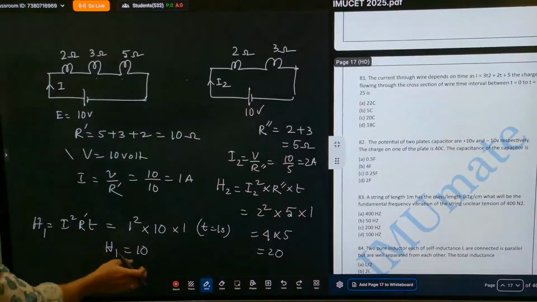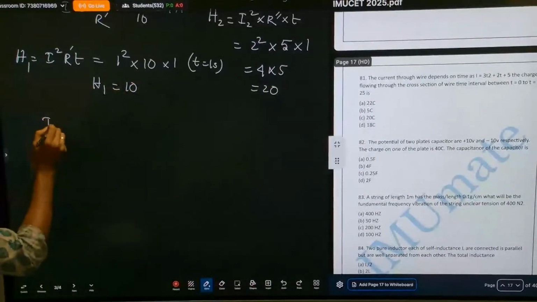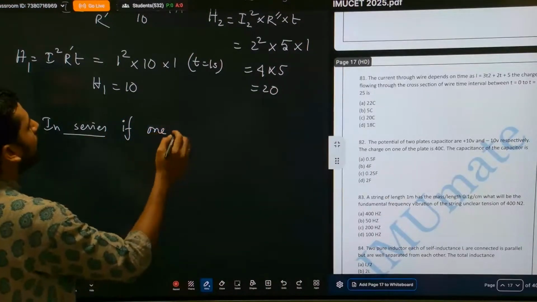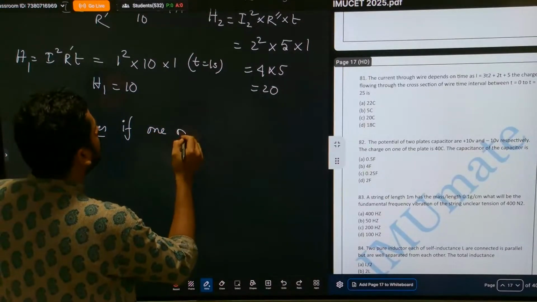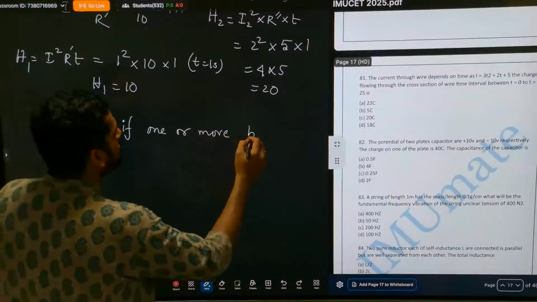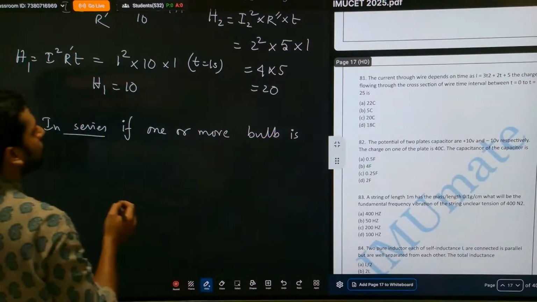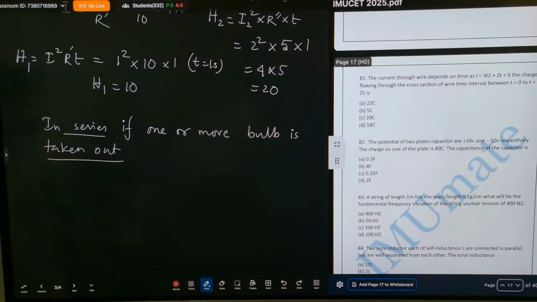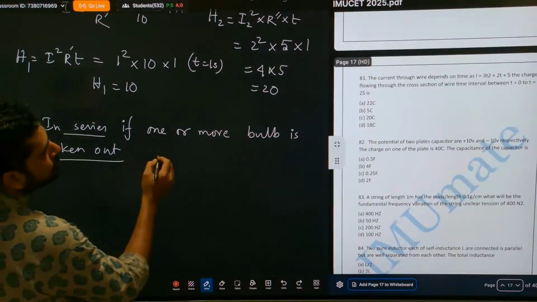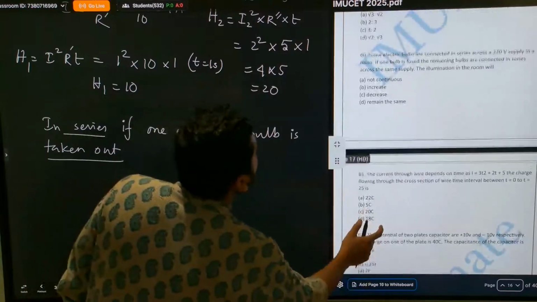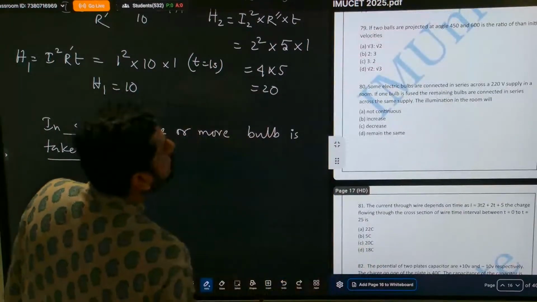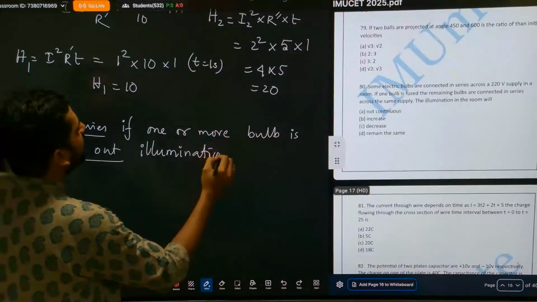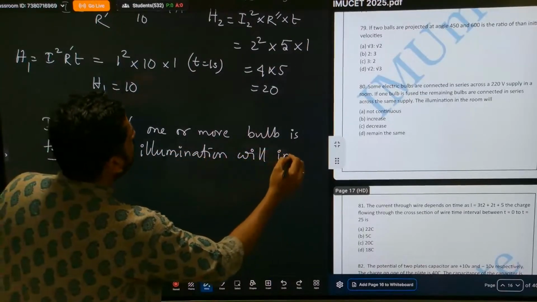Let's write it down. So in series, if one is taken out, not fused. What they have asked for is illumination. Illumination will increase.